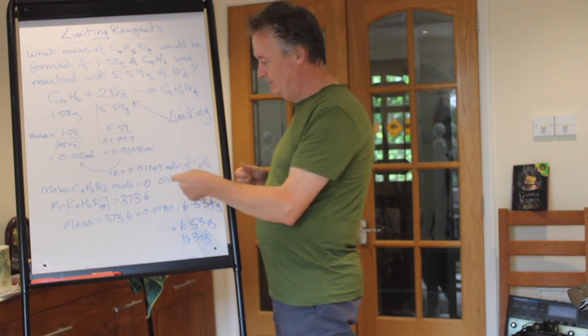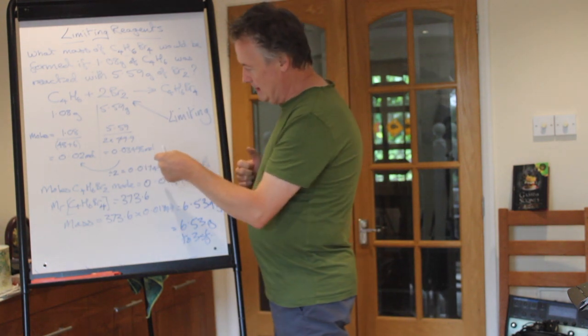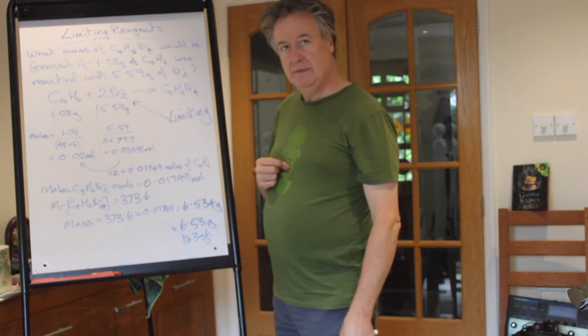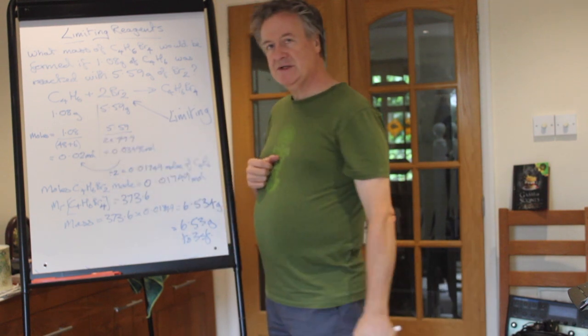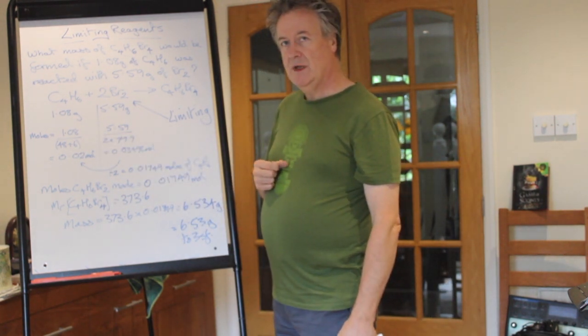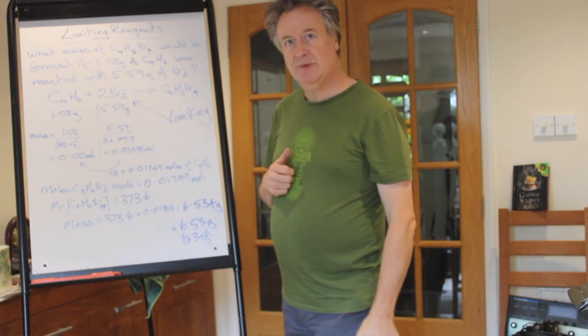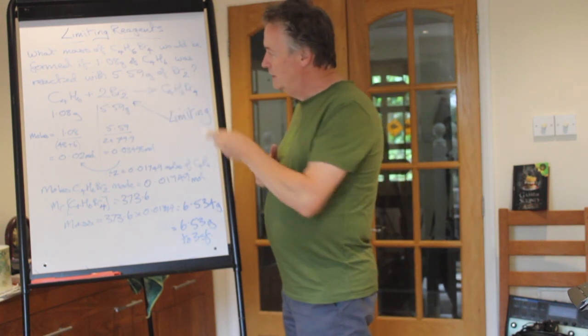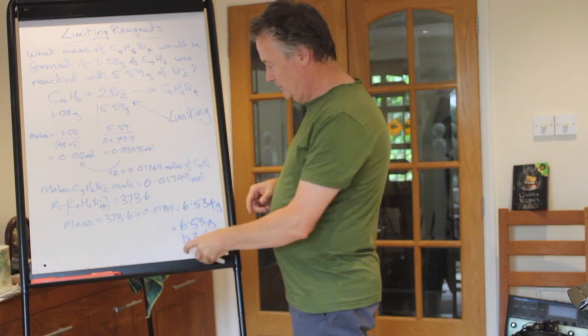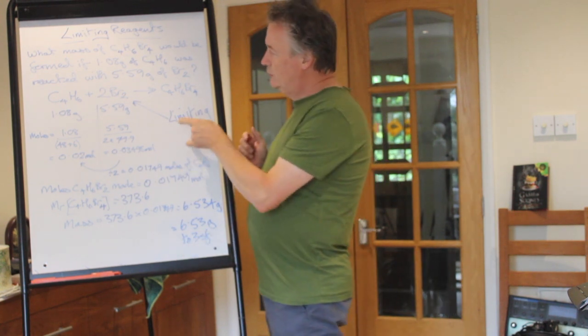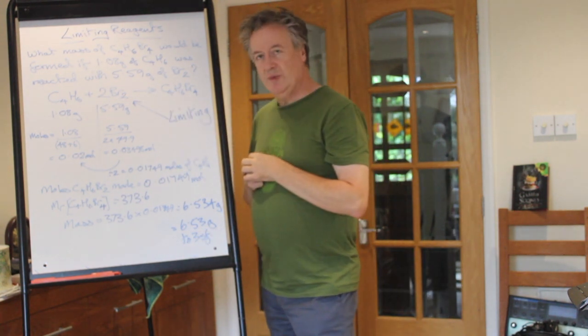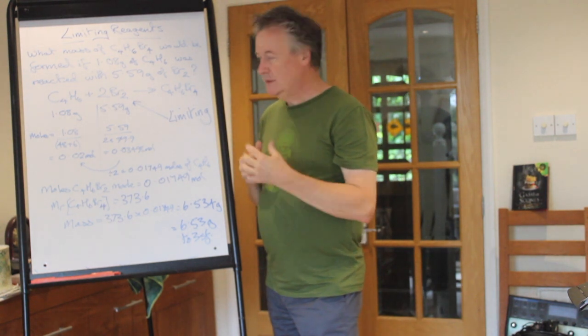When you look at that, that number is less than that number. So there will be C4H6 left over. So therefore the limiting reagent is the bromine. So we're limited by what we've got with the bromine.